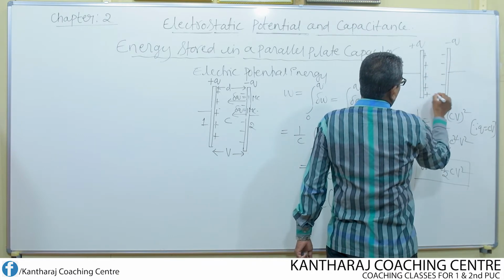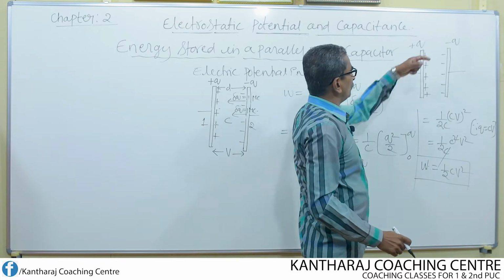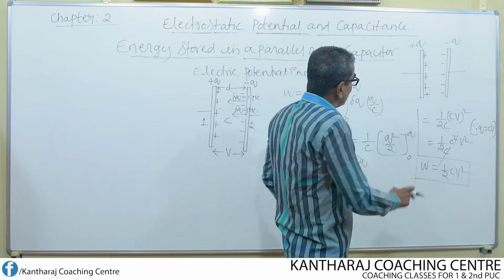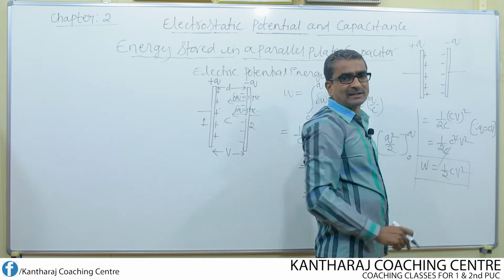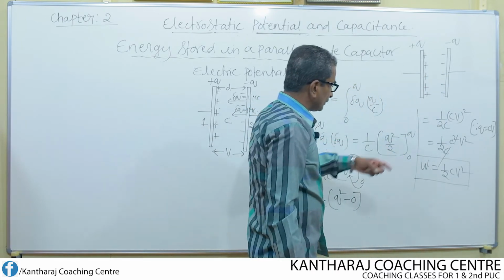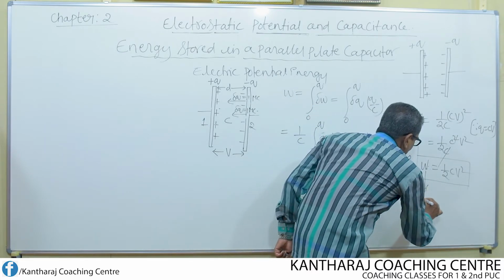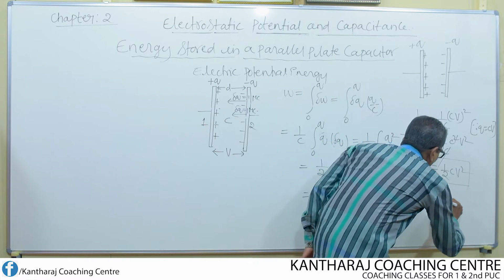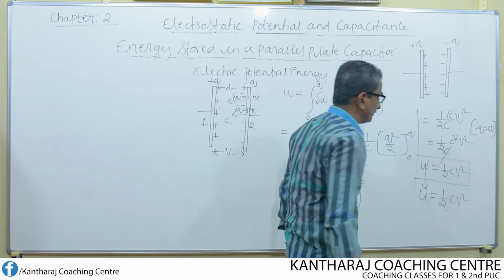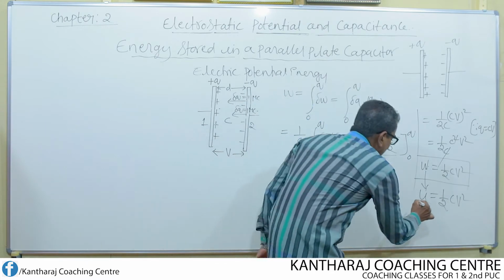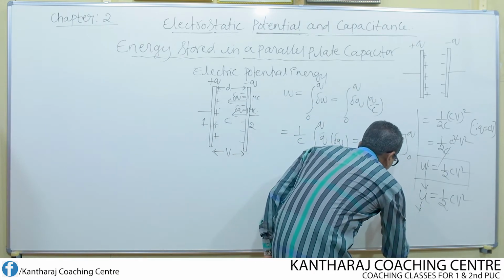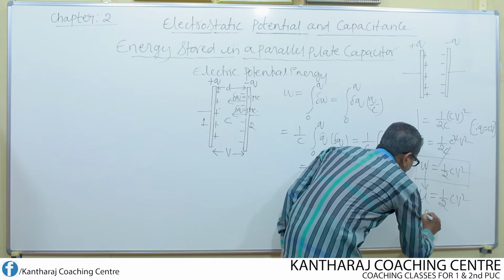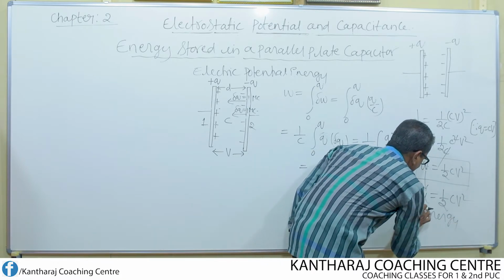But this total work will be stored in the same capacitor as electric potential energy. So I can replace this work by the potential energy term U, which is equal to half into CV square. What is this U? This U is nothing but the potential energy. What type of potential energy? Electric potential energy.